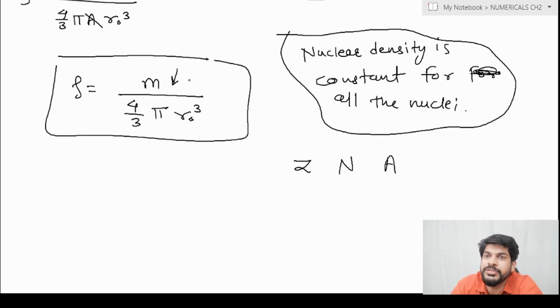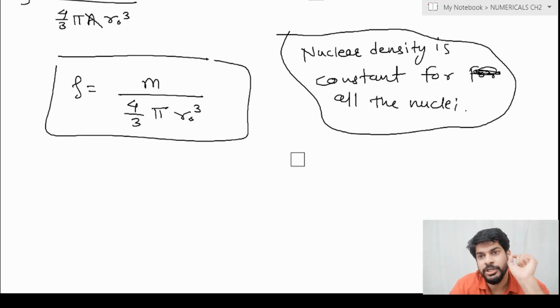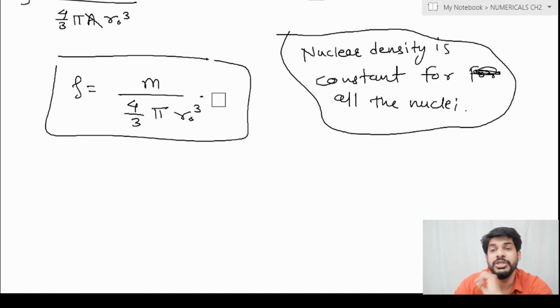If it was different for different nuclei, then there would have been some term relating to that nuclei in this equation, but it is not there. You can see it's not there.